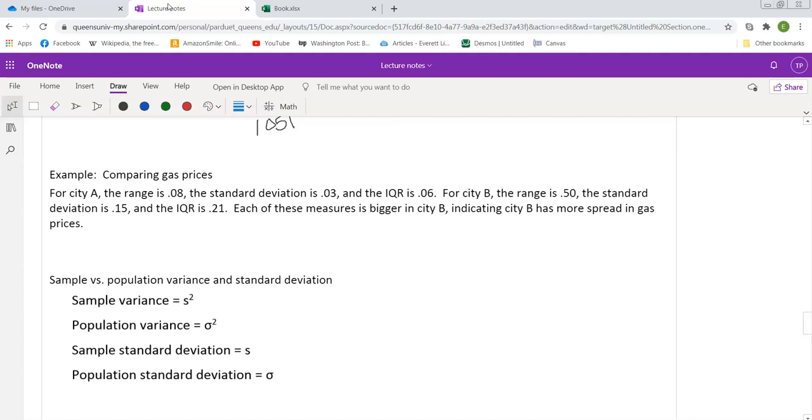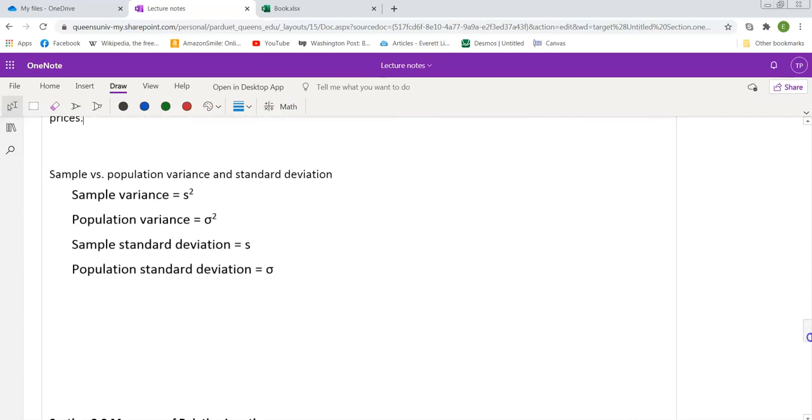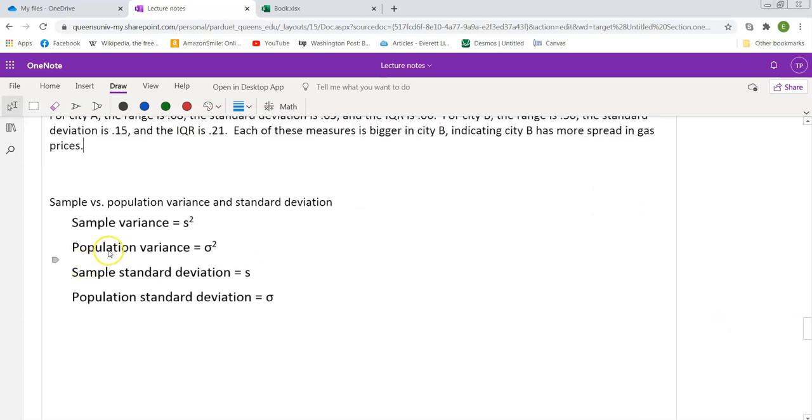All right, one more thing and that's it for this lesson. And that's sample variance and standard deviation versus population variance and standard deviation. So the computations we've been doing are for the sample, and that's the way it's going to be for the course, because practically everything you're going to do is going to be for the sample.